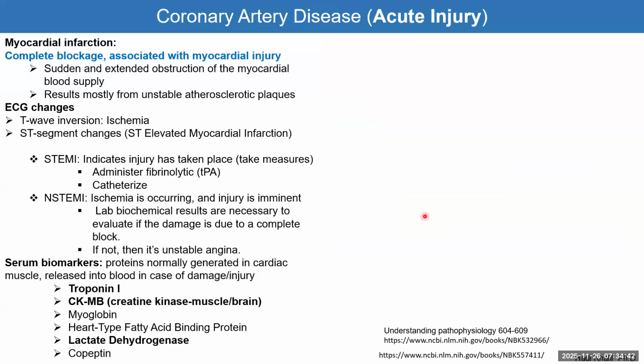Okay, so I'm not going to go back to this. Now I will go to the myocardial infarction. If a blockade happens in the coronary arteries, which are the arteries that nourish the muscle of the heart itself with oxygen and nutrients, this happens as an acute injury because it's sudden.